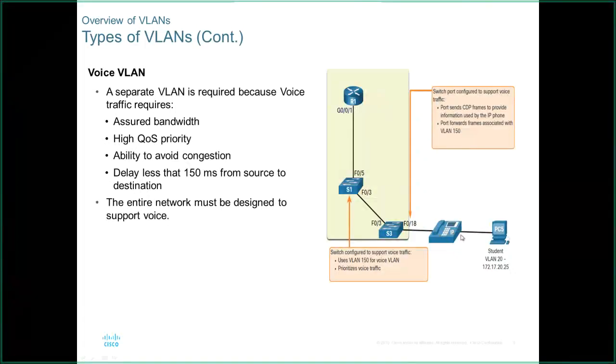Because within the IP phone, if it's a Cisco IP phone, it actually has an inbuilt switch in it, and the data from the PC is coming in, and then it is being tagged between the actual switch within the phone and the switch in the cupboard.